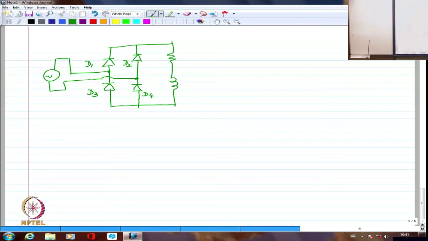Obviously, I am going to have D1, D4 conducting during positive half cycle, and I am going to have D2 and D3 conducting during negative half cycle. No doubt. Right?